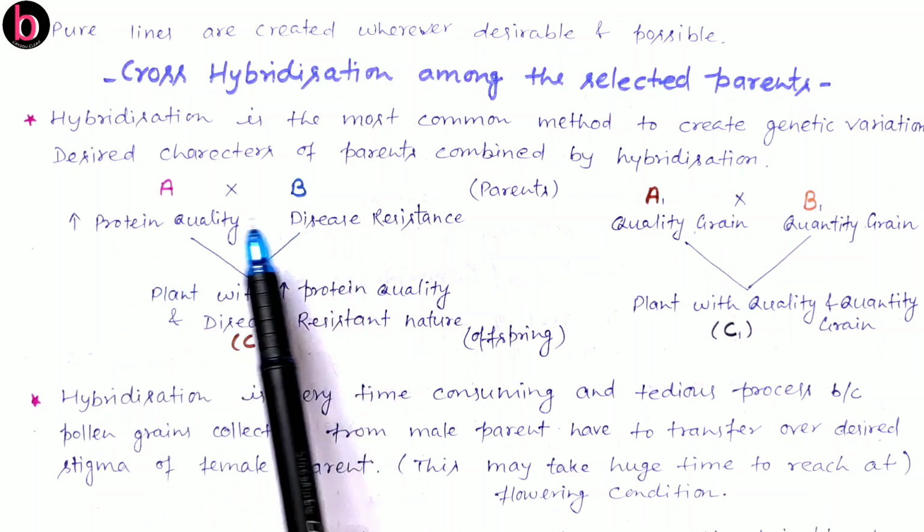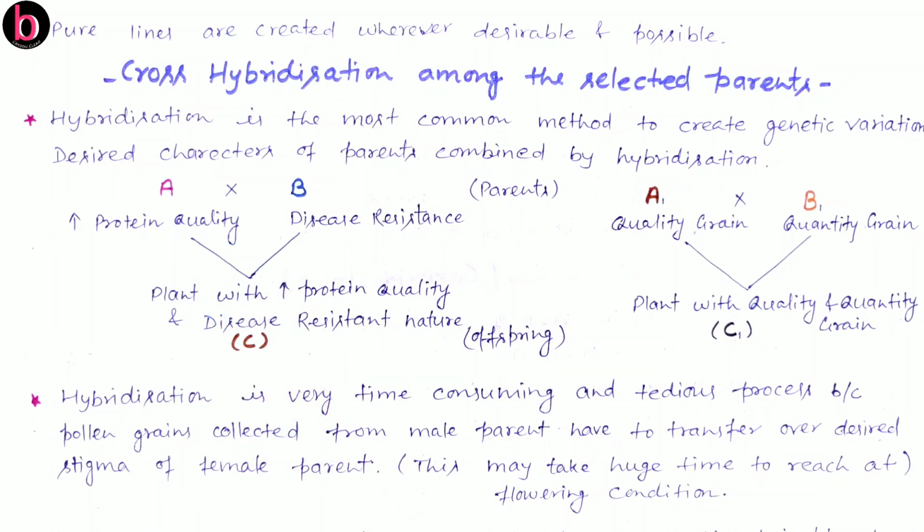After hybridizing these two, there will be a plant that carries high protein quality and disease resistance. This is offspring C, carrying characters from both parents, and here there is vigor, an advancement with respect to the parents.